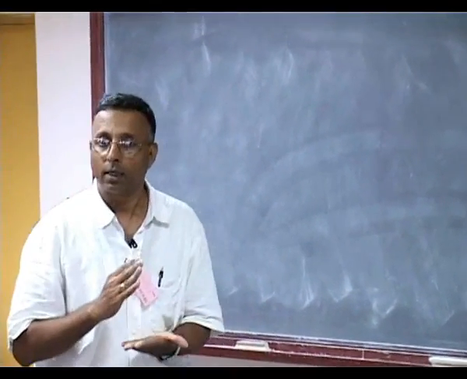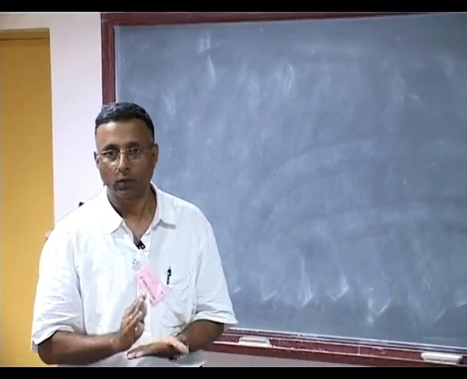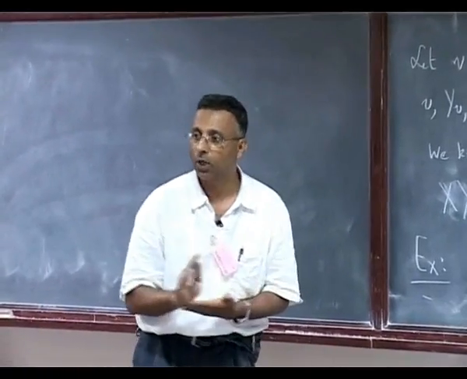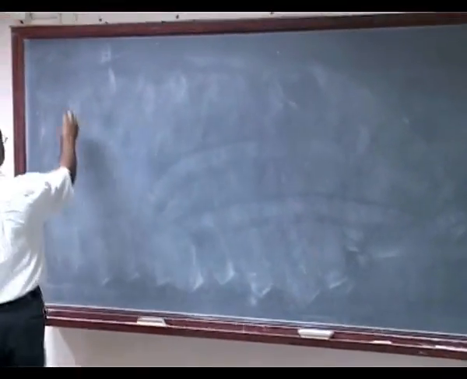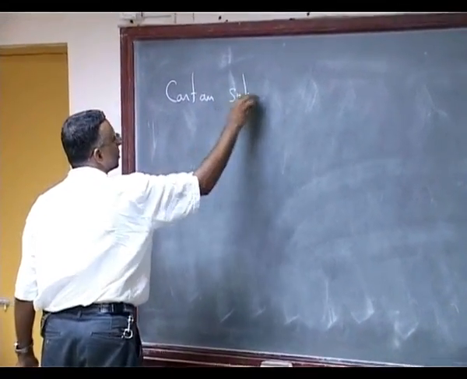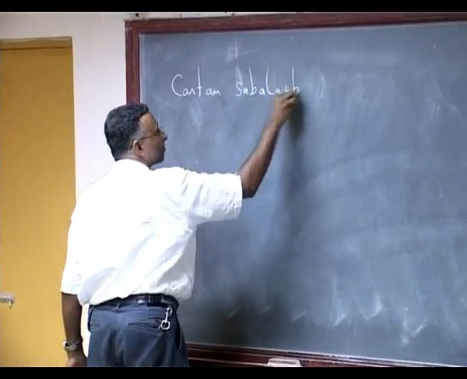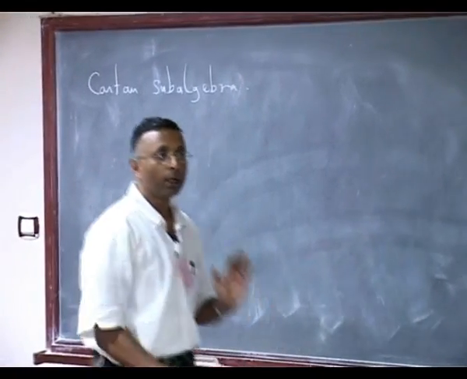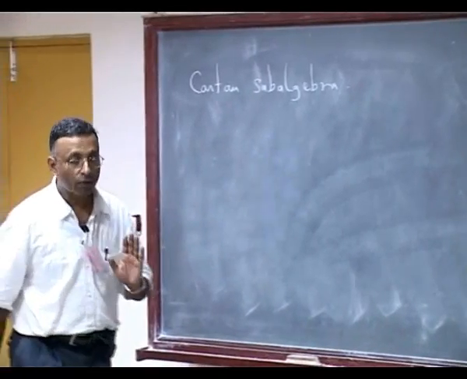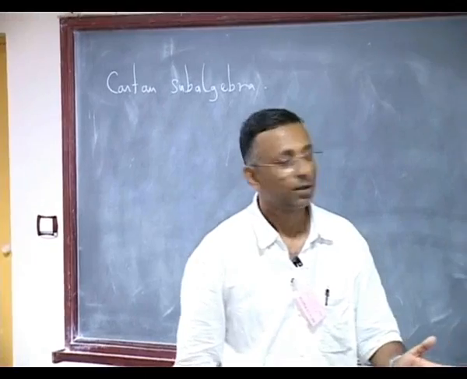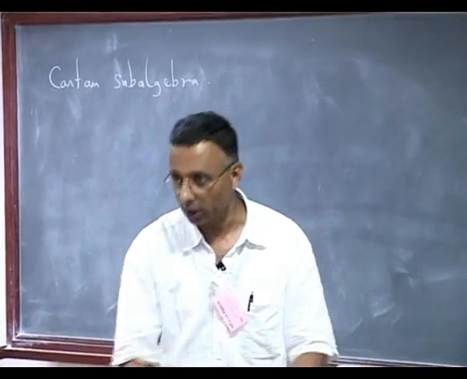There is a subalgebra, or you make a choice of a certain subalgebra called a Cartan subalgebra of the semisimple Lie algebra. Of course, this is a choice. There are many Cartan subalgebras, and you fix a choice.